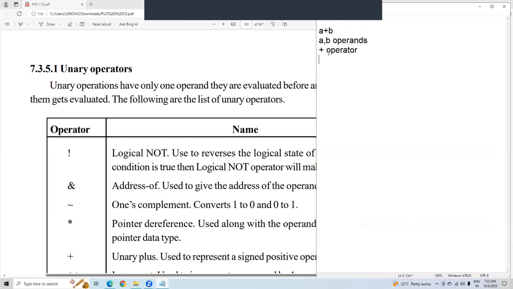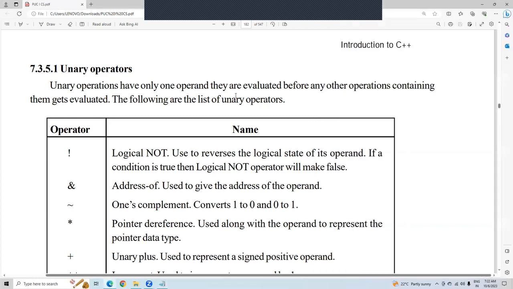Unary operators are those which take only one operand. They are evaluated before any other operations containing them gets evaluated.